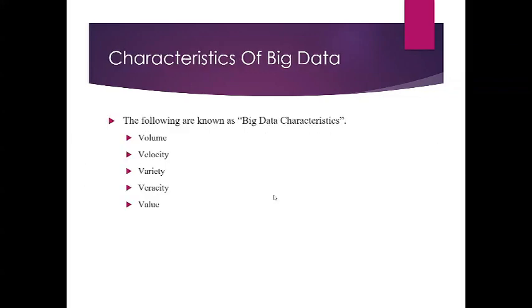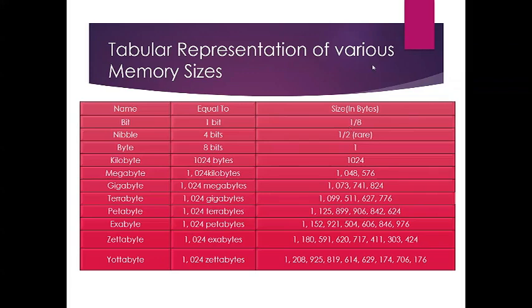Okay. So here I have put a small slide in a tabular format to understand the sizes, right? In the previous slides, we talked about some gigabytes, some terabytes, maybe zettabytes. So this is how the size distribution goes. Our smallest part is the bit, right?